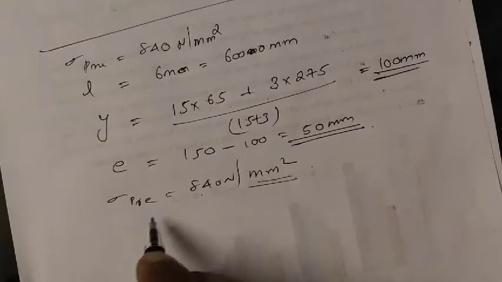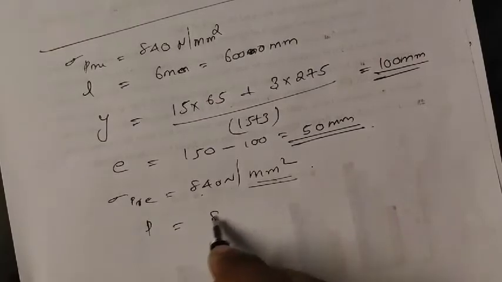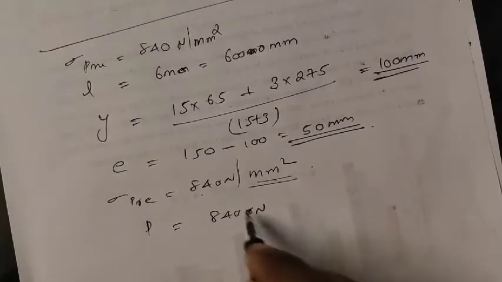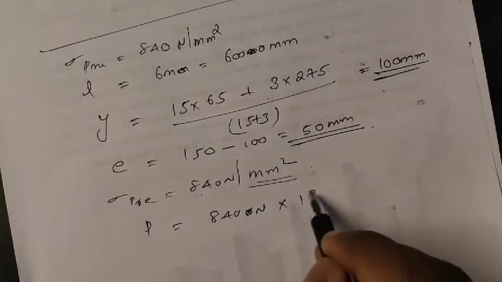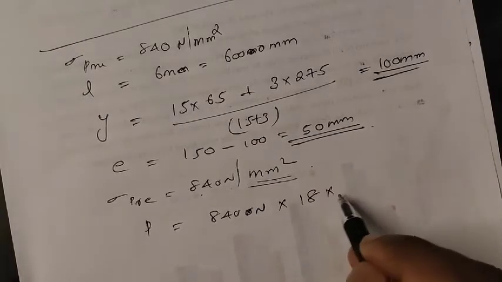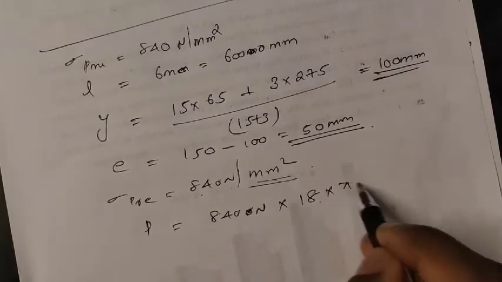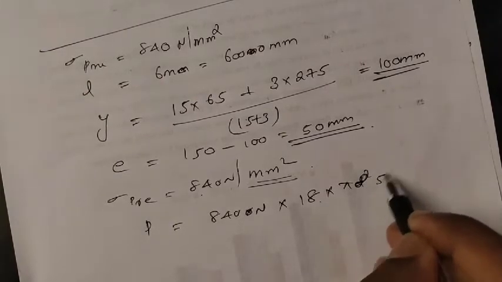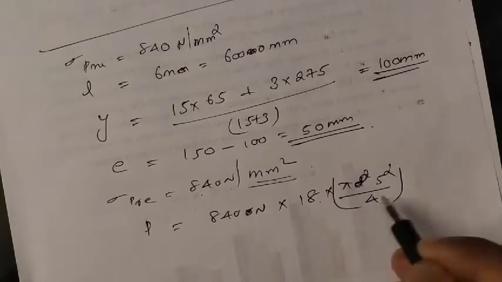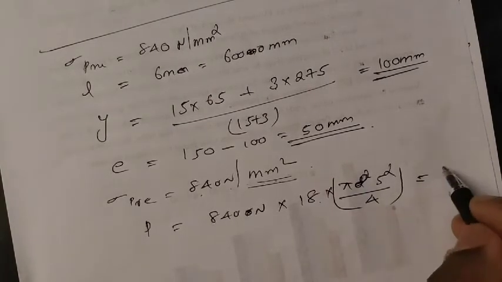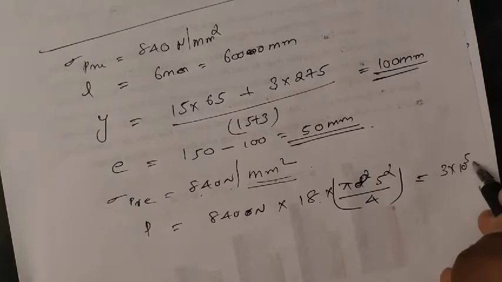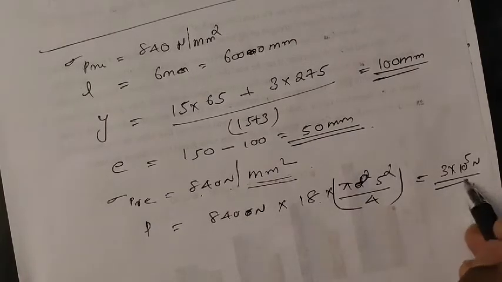So force P is equal to 840 Newton into area. Area here means 18 wires, and the area of a wire is pi d square by 4, that is pi into 5 square by 4. So the total force will be 3 into 10 power 5 Newton after calculation.